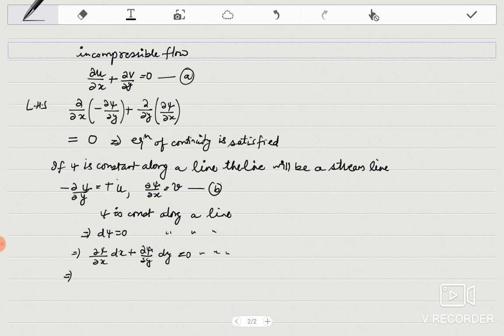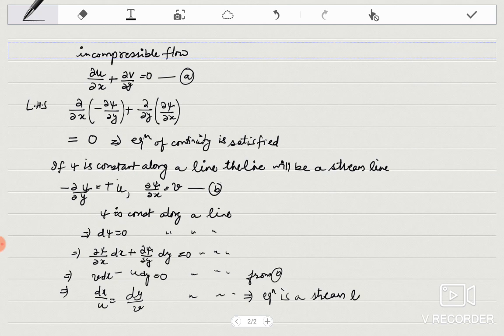Further, this implies that v dx minus u dy is 0 along the line. This implies dx upon u is equal to dy upon v along the line. Now this is the equation of a streamline. So this implies the line is a streamline.